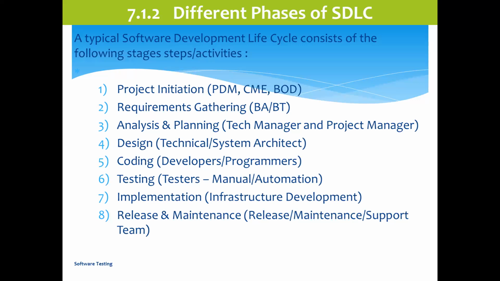That will be a 20, 30, 50 page document. Who will prepare that document? Technical architect and system architect will be involved. In some cases, business analyst people are also involved. Including the technical architect and business analyst people, they create that design document. That is called the design document.